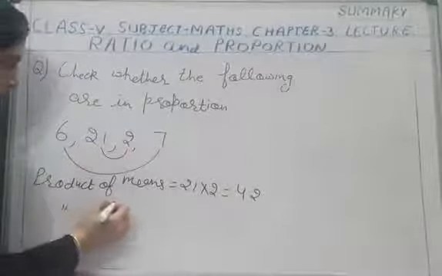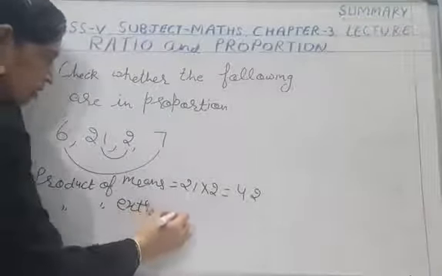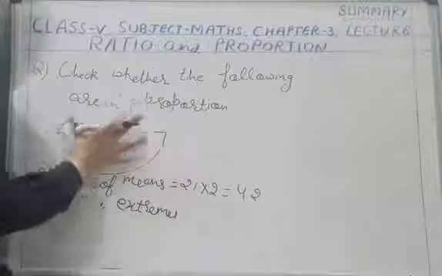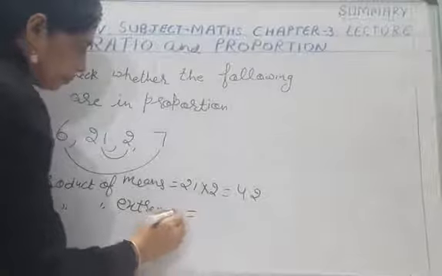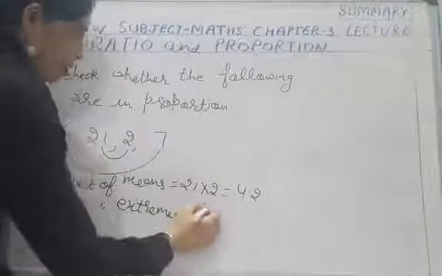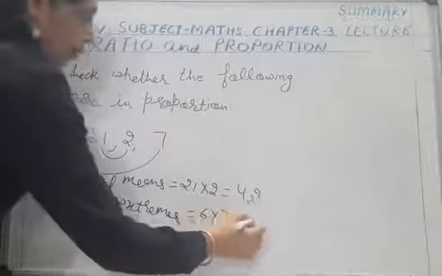And product of extremes. Extremes are the ones on the outer side, is equal to 6 into 7. 6 7s are 42.